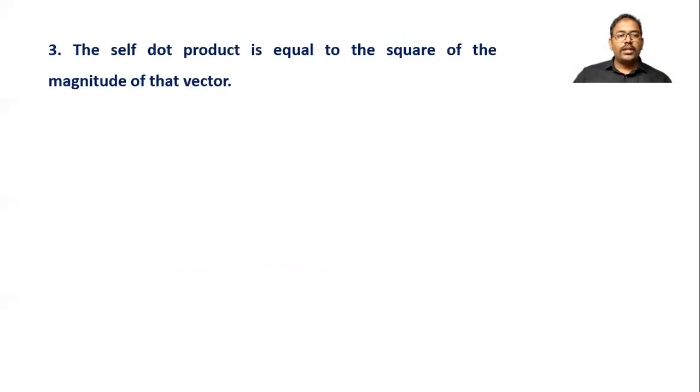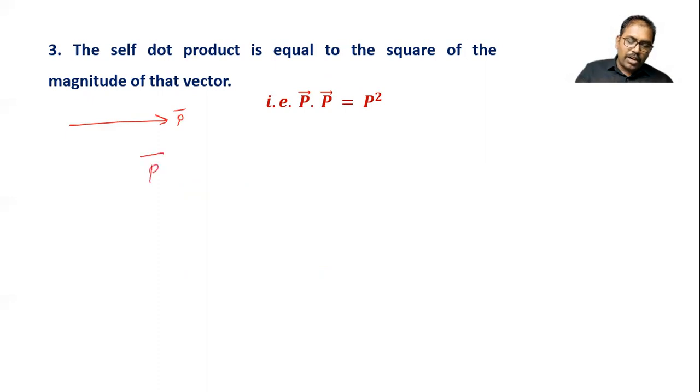Now third one, self dot product is equal to square of the magnitude of that vector. It means that if I consider this is a vector p bar, the vector is making angle 0 with itself. So p bar dot p bar is equal to, you know that p bar dot q bar is coming p q cos theta.